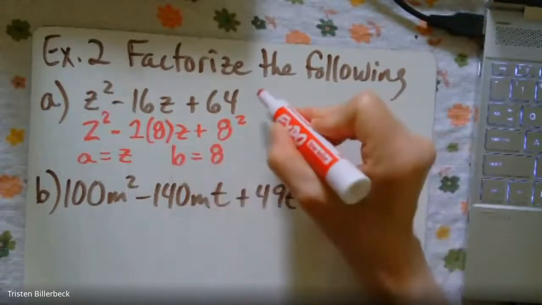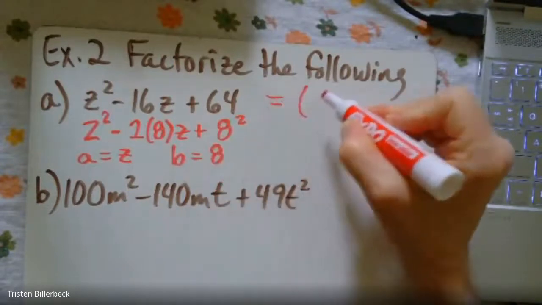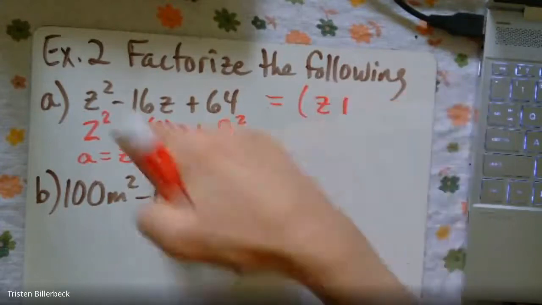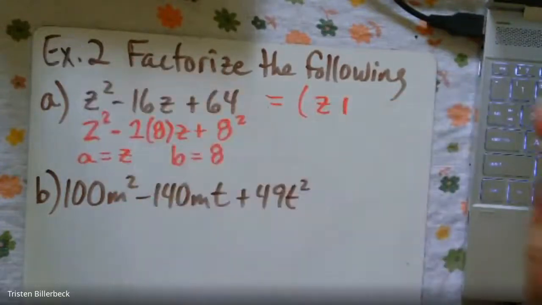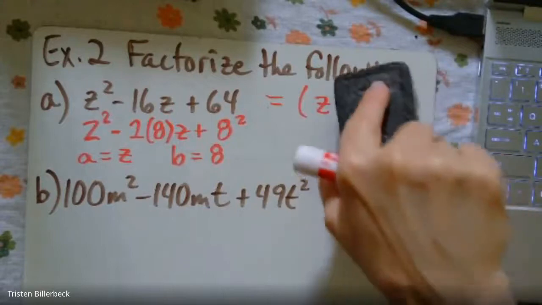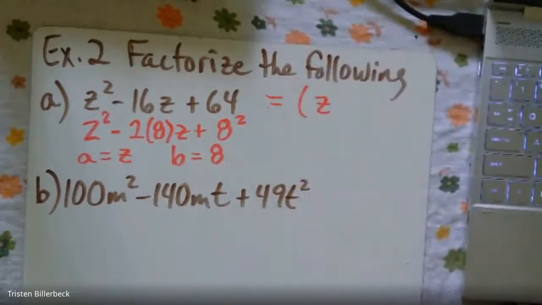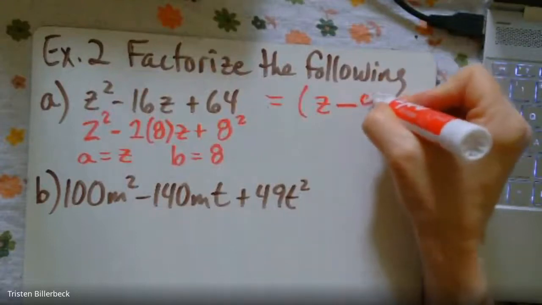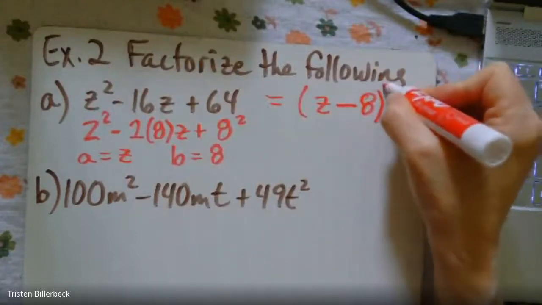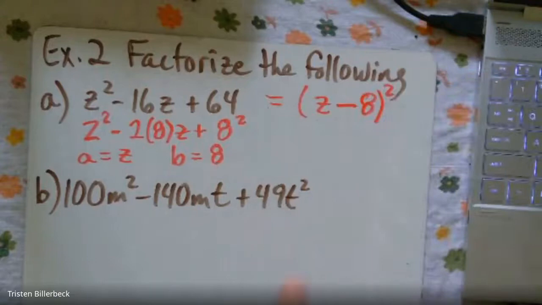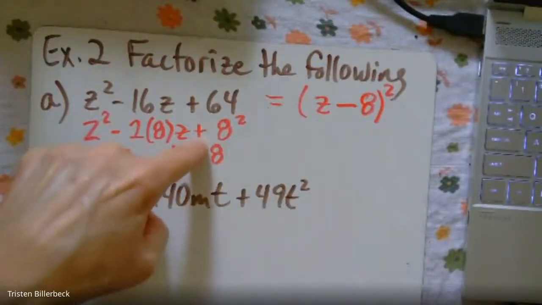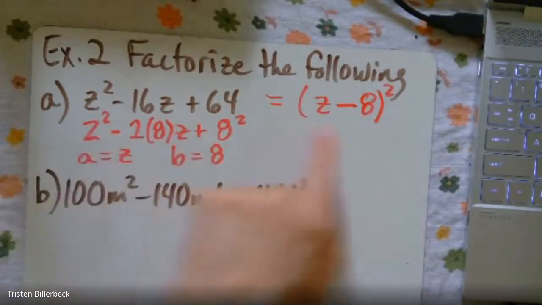So we can say this is just going to be z. Oh, but we have a minus sign, so we have to be super careful. It's not plus, it's going to be a minus. So we have to double check. So minus 8 squared. Okay, so got to be careful. What is this sign? This is always going to be a plus, but what is that sign? And that's what goes right here.